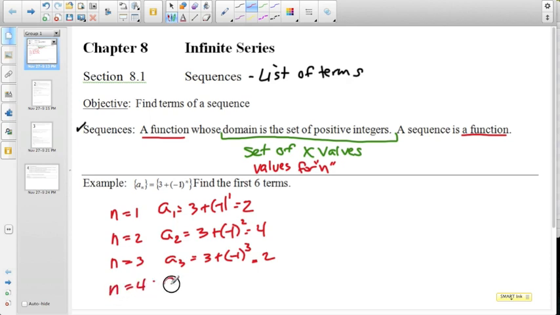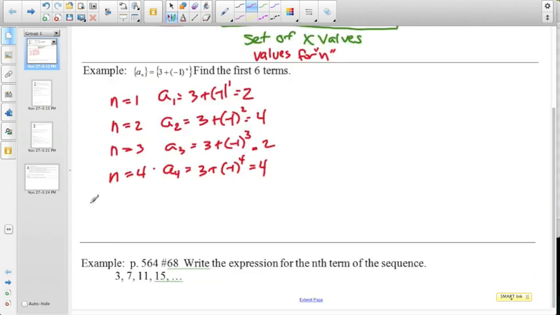If we just complete this problem here, we can see that there is a distinct pattern in these terms for the 5th and the 6th term. Probably can fill them in without doing a whole lot of math. This one's got to be 2, this one's got to be 4. So when we're talking about this, here is that domain.